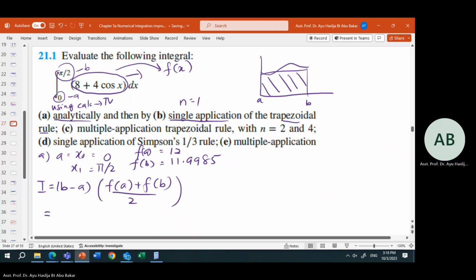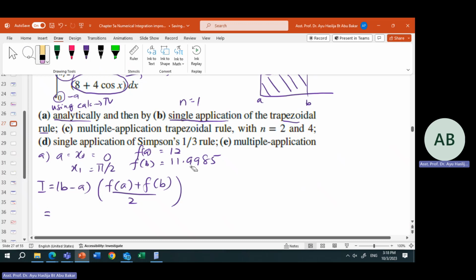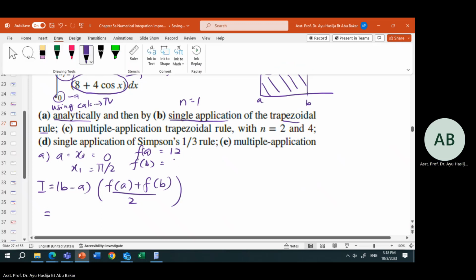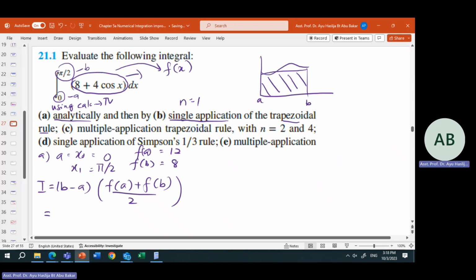Perhaps the different answer is because of a different mode last time. Then substitute the values into the equation.